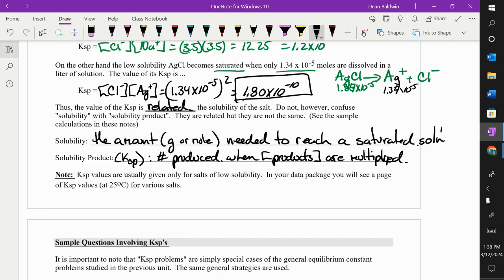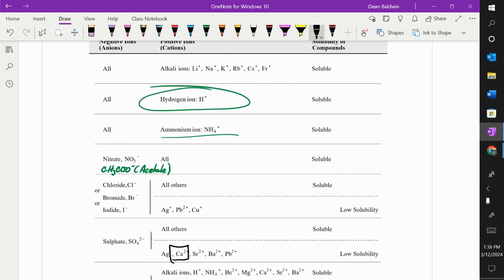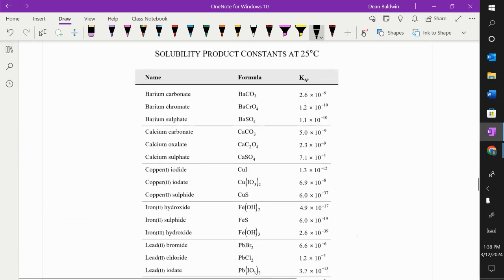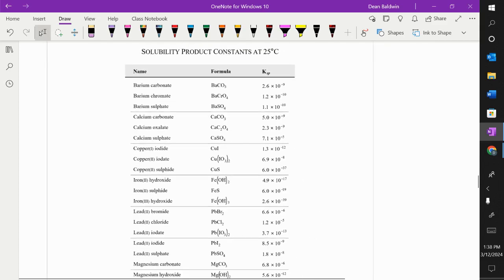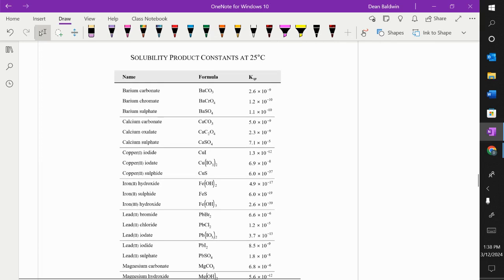If you look in your data package, we're going to start using our data booklet quite a bit now. If you scroll past the solubility chart that you were just using, you get to the KSP chart. We will use this a lot. It gives you the solubility products of various compounds at 25 degrees.